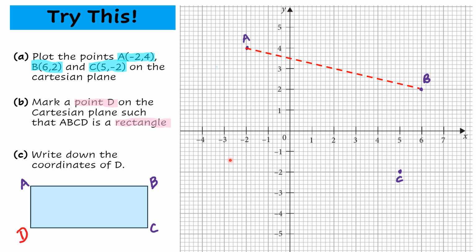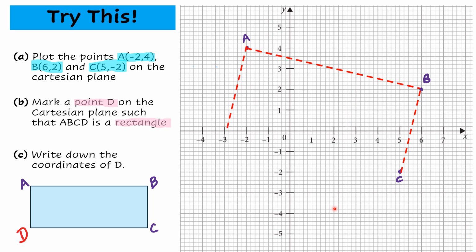So let's first take a look. Let me draw the two sides, AB and BC. So I have this. Since this is a rectangle, I know that the opposite sides of the rectangle must be the same as BC. Similarly, I know that the opposite side has to be the same as side AB. So I am going to just transfer.